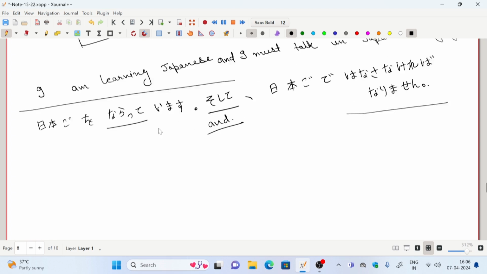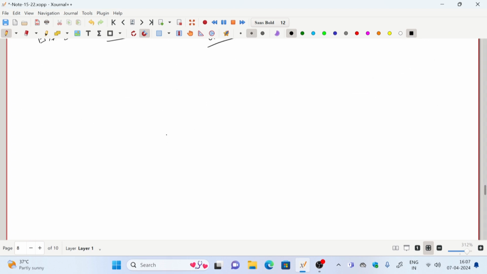So let's practice a few verbs. If it is ikimasu, it will change into ikanai, and then ikanakereba narimasen.